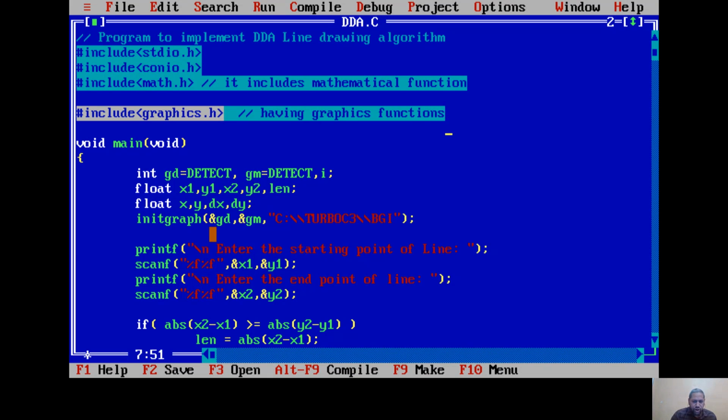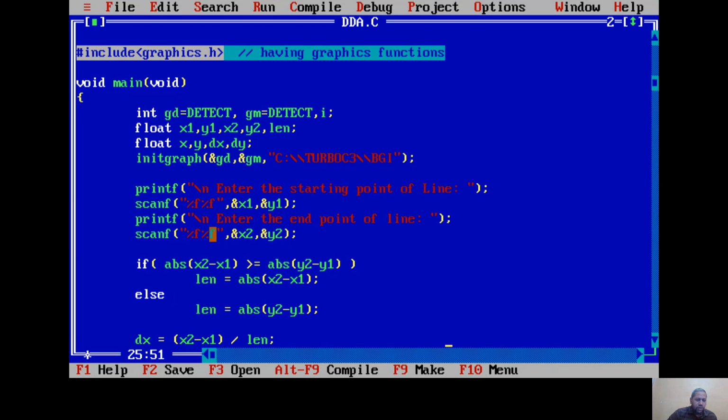As we have learned already in the first program, we have to declare integer GD and GM. GD stands for graphics driver, and GM stands for graphics mode. I just write it in a comment here.